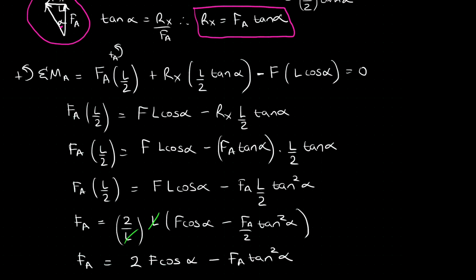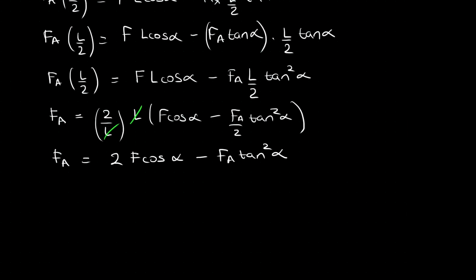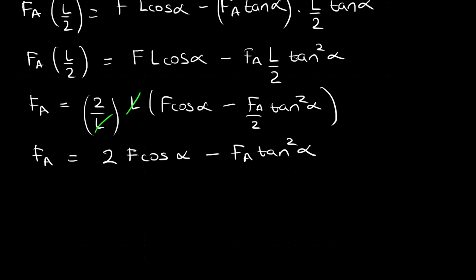Now all I need to do is bring the FA over to the other side. So FA times 1 plus tan squared alpha is equal to 2 F cos alpha.